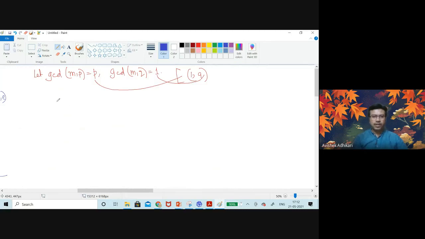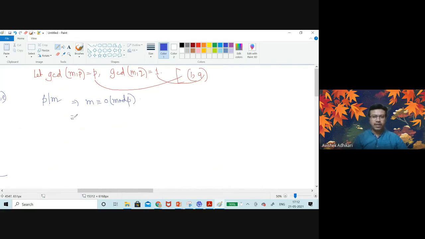Okay. So now since the GCD of m and p is p, what does it mean? What is the value of m then? P must divide m. If their GCD is p, then p must divide m because m must contain some part of p. So that means m is congruent to 0 mod p.